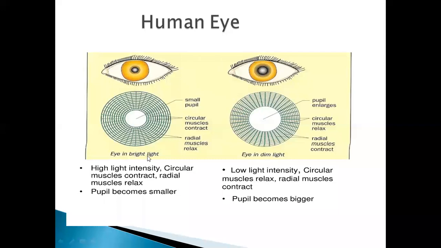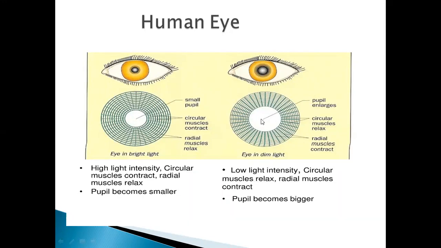In case of bright light, the pupil becomes small because circular muscles contract and radial muscles relax, and the pupil becomes smaller. So you can see this hole becomes smaller.